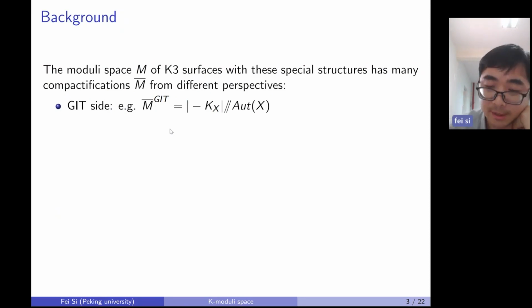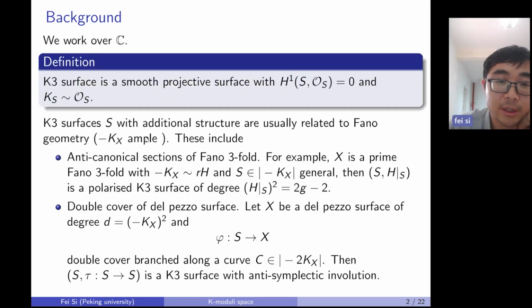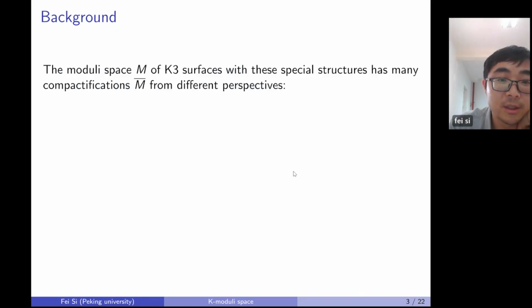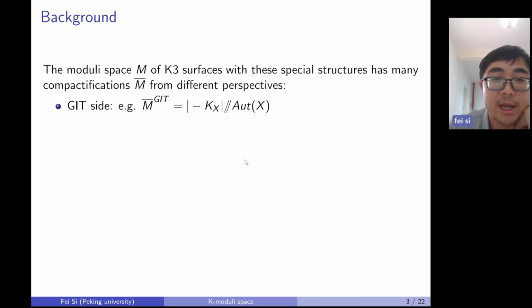For example, if we consider the first kind of K3 surface from the last slide, the K3 surface in its anti-canonical system, then you will naturally have some GIT compactifications for this moduli space.